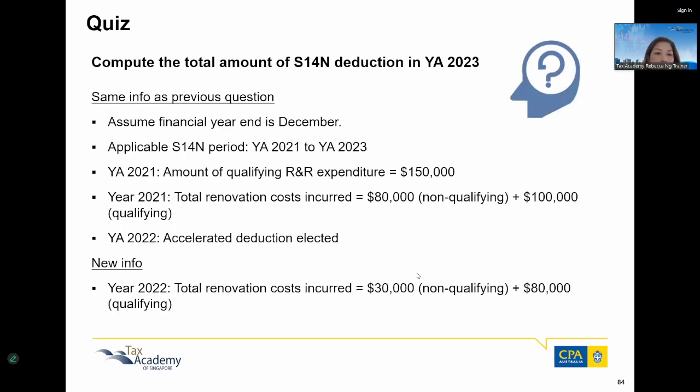Okay, so let's try another one. Same information as the previous question, just that the new information is in the year 2022, that is YA 2023, renovation cost incurred is 30,000, that is non-qualifying, and 80,000, that is qualifying.